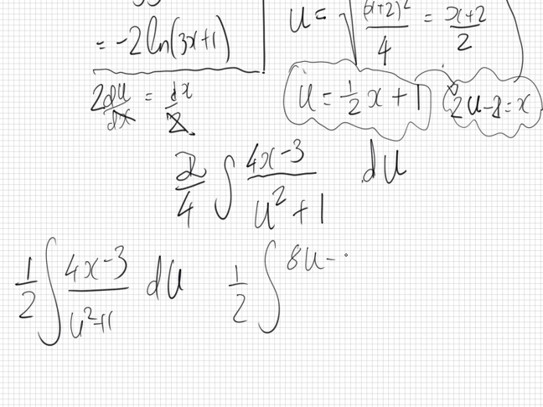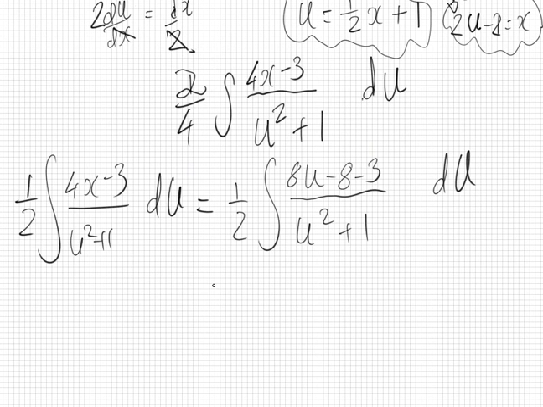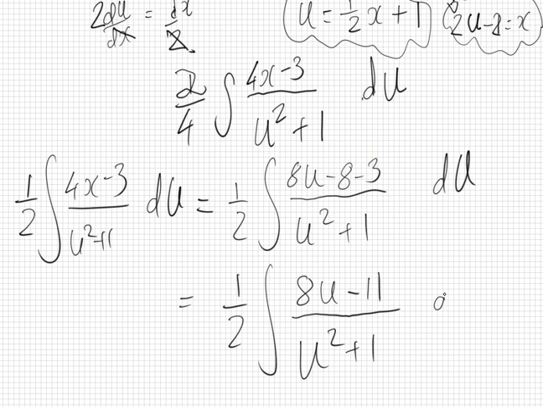So 8u minus 8 minus 3 over u squared plus 1 du equals a half 8u minus 11 over u squared plus 1 du.